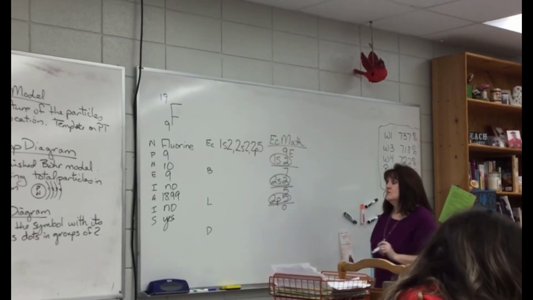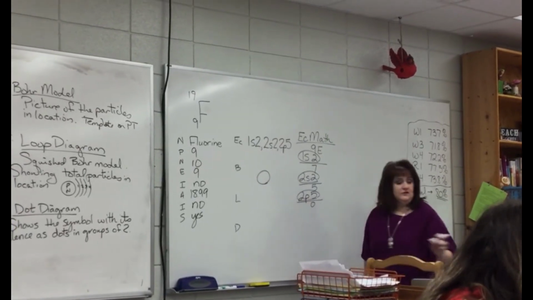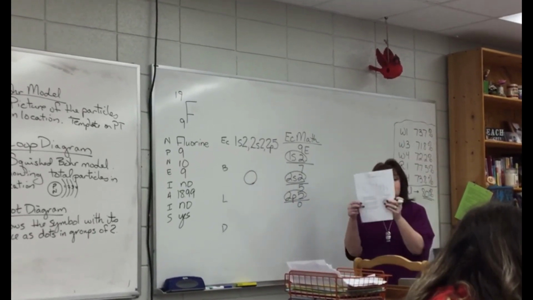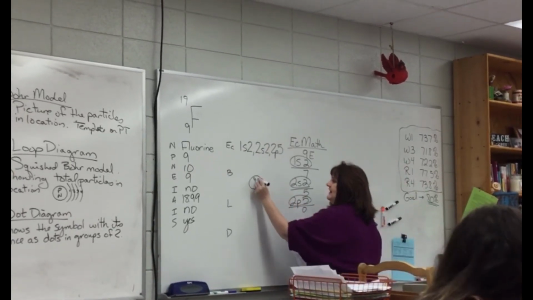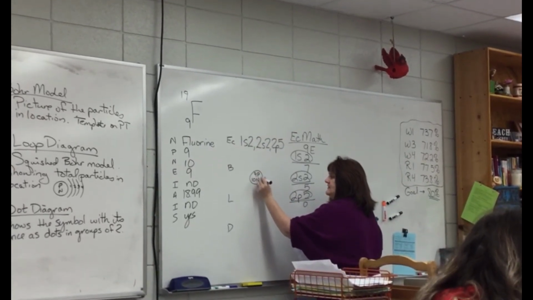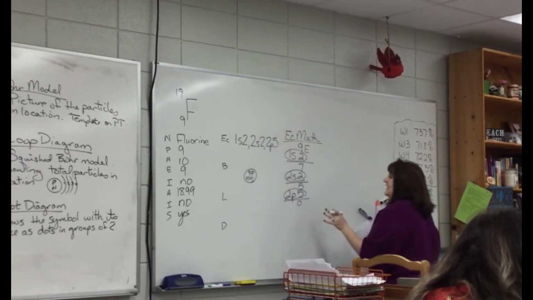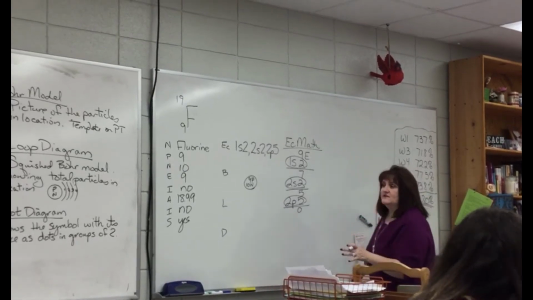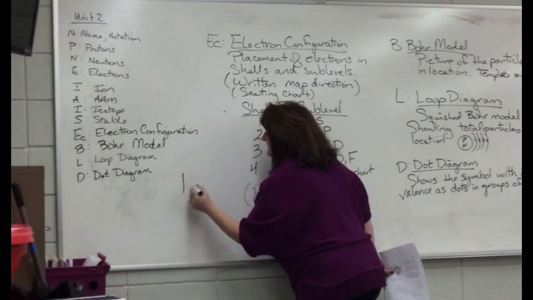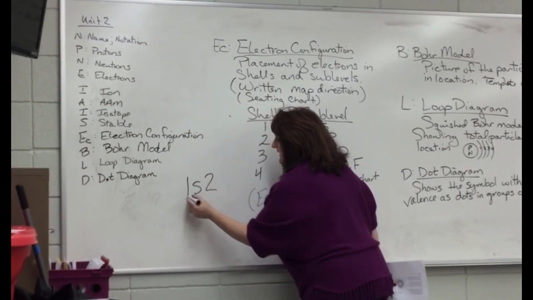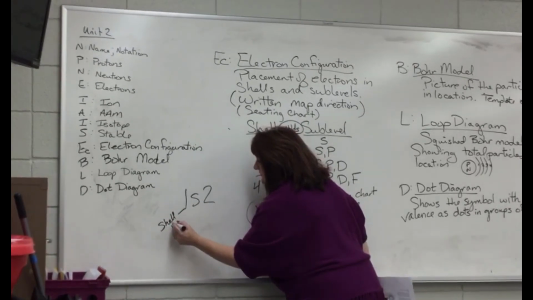So then the Bohr model, and you use your template, again, on the back of your periodic table, puts 9 protons and 10 neutrons in the nucleus. Remember that when you do the electron configuration, and we look at 1s2, this first one is the shell number.